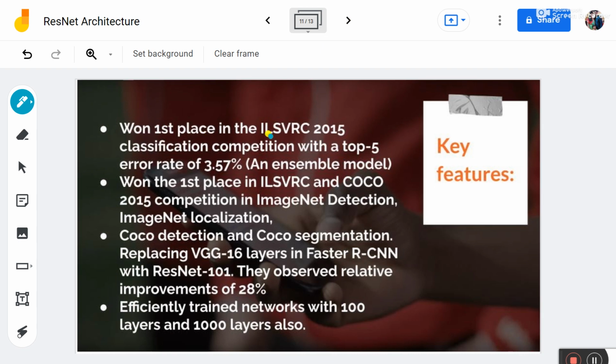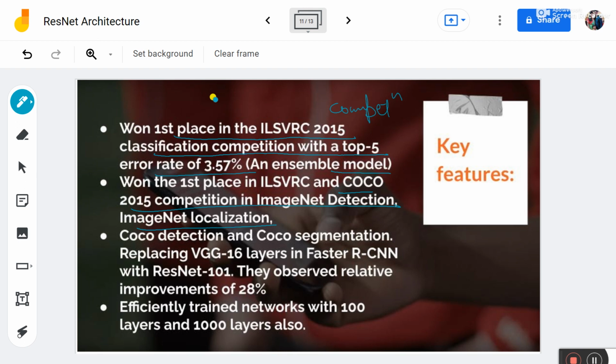Okay, so what's the feature of ResNet? It just won first place in the ILSVRC 2015. It's a kind of competition. So in that competition, it just won first place in the classification competition with top 5 error rate 3.57 in an ensemble model. All right, so won the first place in COCO 2015 competition in ImageNet detection and ImageNet localization.